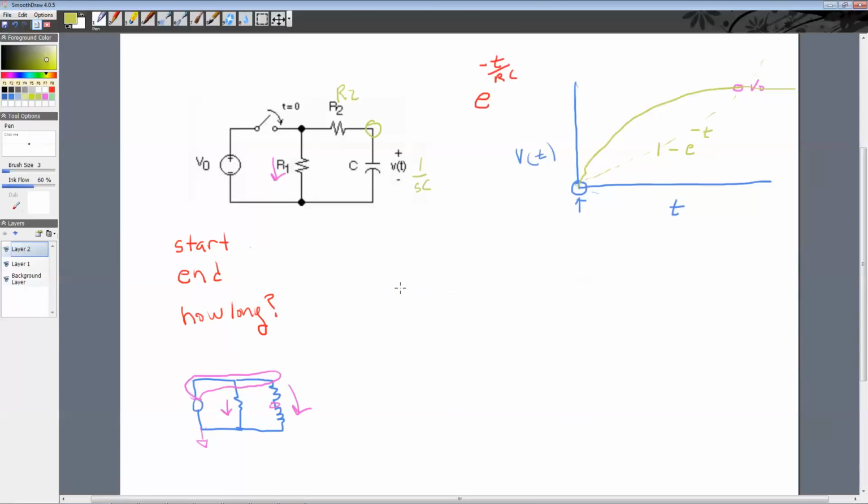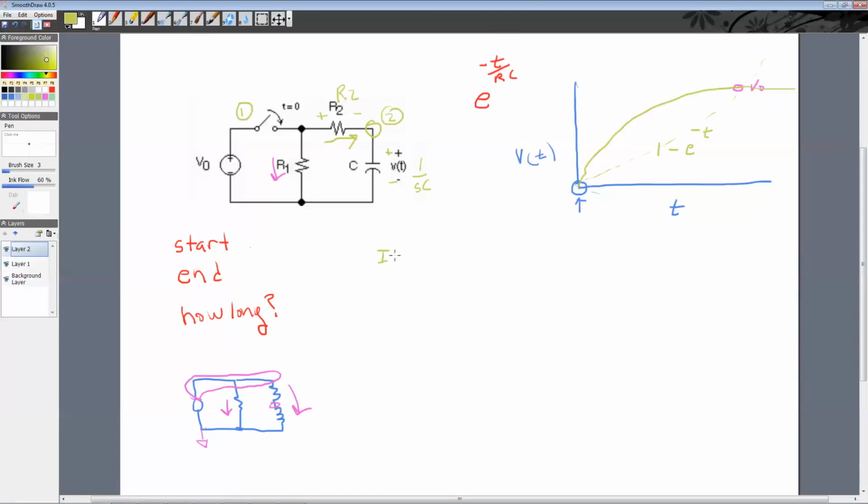All right. I'm going to call this node 1, and I'm going to call that node 2, right? So I have R2, voltage drop, C, and that's already given to us in the voltage drop.